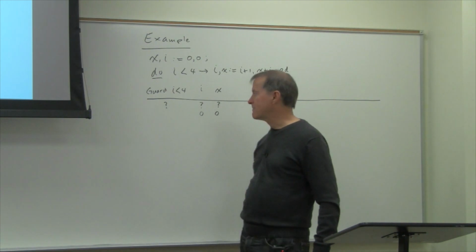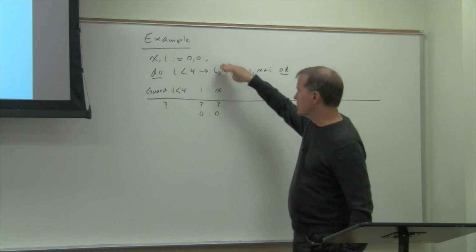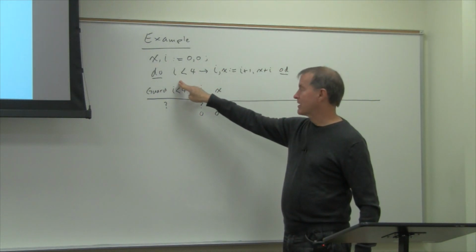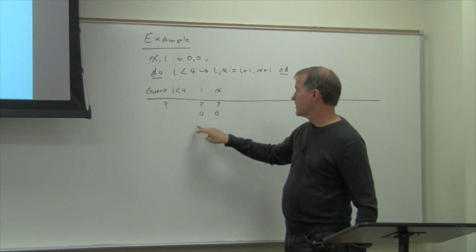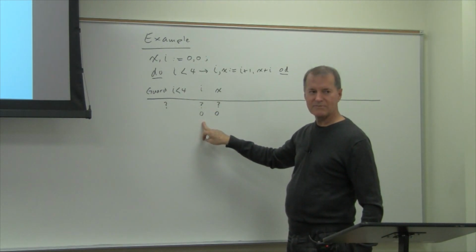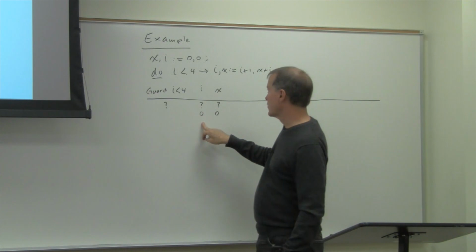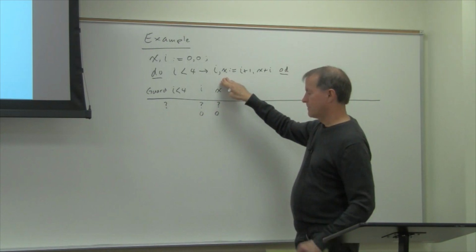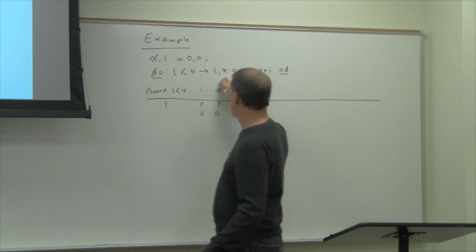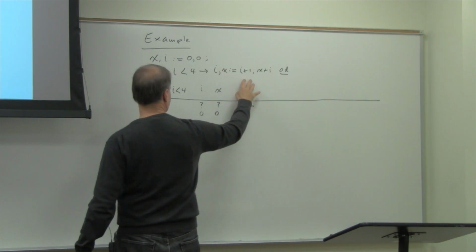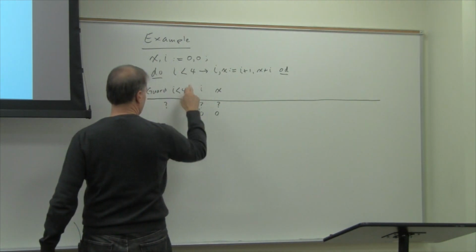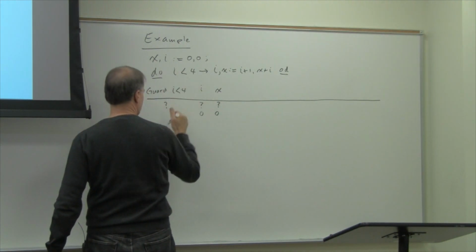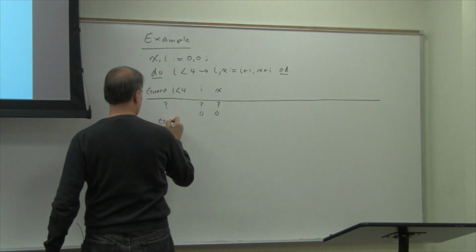It's a repetitive statement. All right, so now we did this 0. So now, you tell me. i is less than 4. 0 is less than 4, true or false? Yep, it is true. So therefore, what do we do? i, x gets i plus 1, x plus i. So for this test, we'll put true on this line, okay?